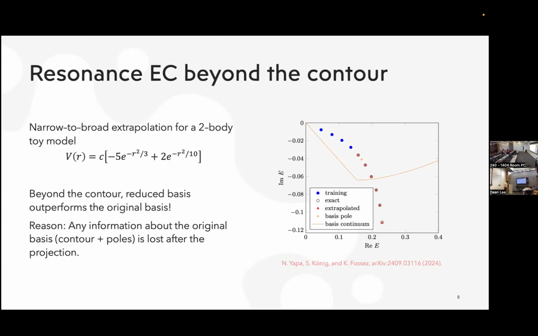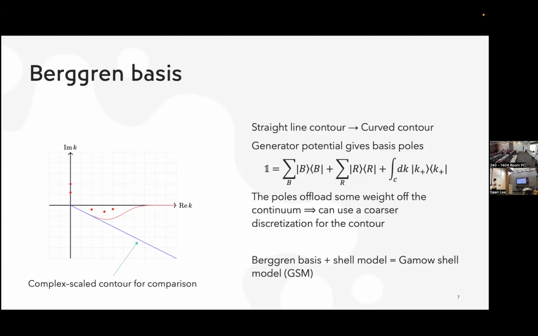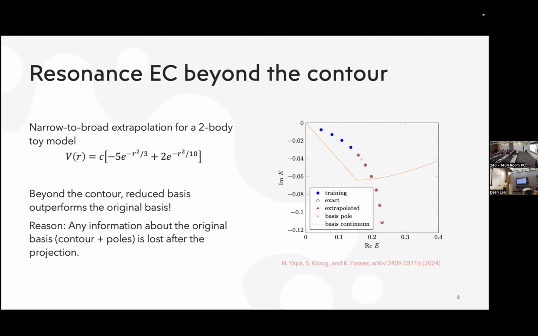Something I forgot to mention earlier is when you change this contour, you have to still be below the resonances you want to target. But here, thanks to EC, we can tackle resonances even below the contour. So that's one of the things we mean when we say that the reduced basis sometimes outperforms the original basis.